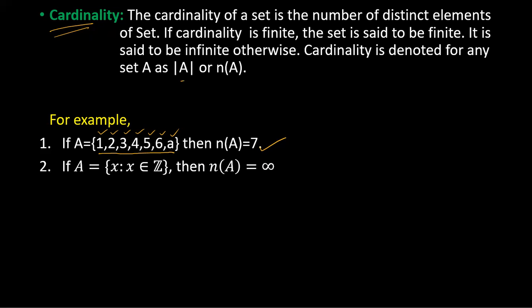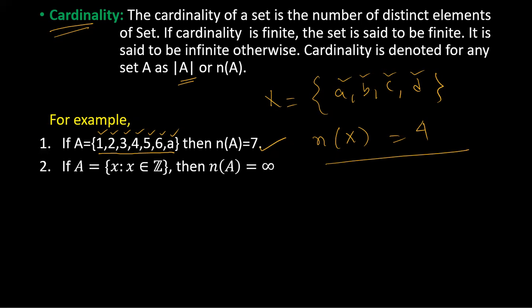And cardinality of any set, say for a set A, is usually defined as n(A) or mod of A. For example, if we take a, b, c, d, and let's say the set is X, what is the cardinality of this set? 1, 2, 3, 4. So the cardinality of the set is 4. So simple.